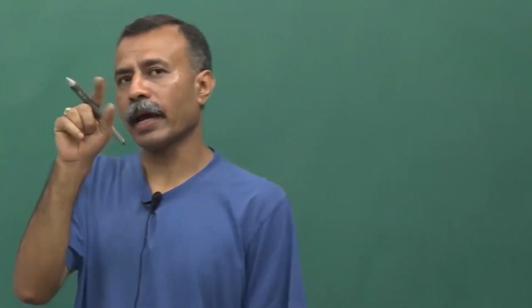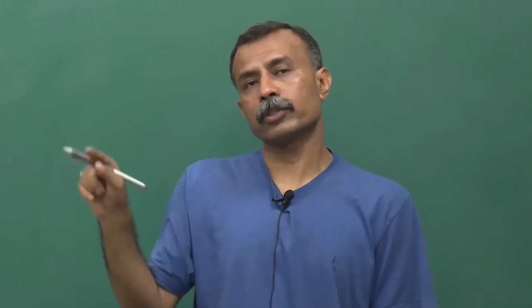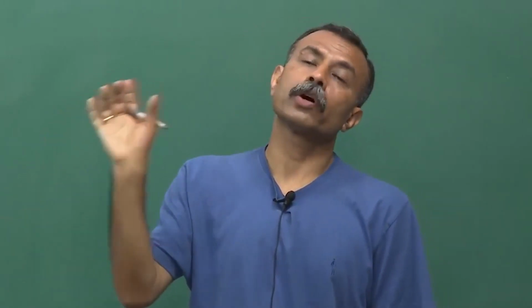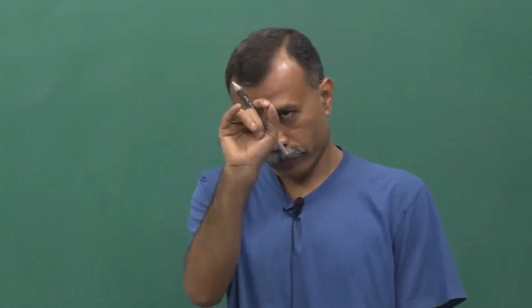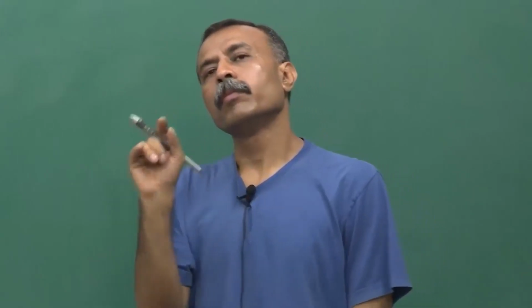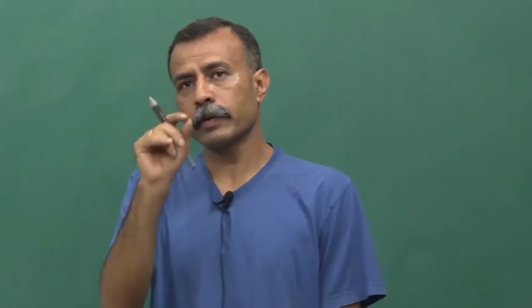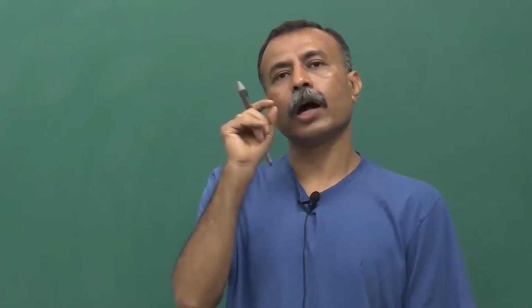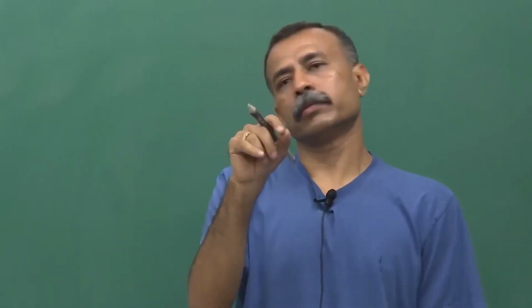Here, n we considered as the cadmium solid becoming Cd2+ in the aqueous plus 2 electrons. So, we considered those 2 electrons as 2 moles of electrons. So, n becomes 2 moles of electrons multiplied by the Faraday's constant. If you remember, the Faraday's constant is the amount of charge on an electron multiplied by the Avogadro's number.